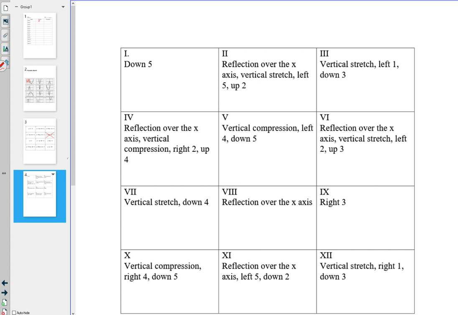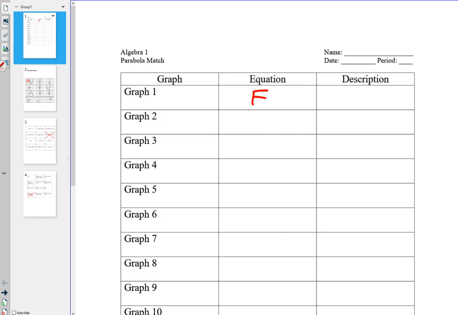Yeah, they don't give you the factor of the compression. No, it can't be 5 because 5 is left 4. The 10, yeah, Roman numeral 10. Vertical compression, right, that's like 10.